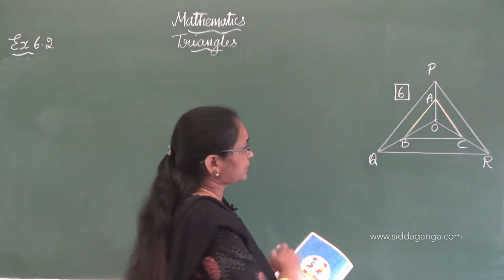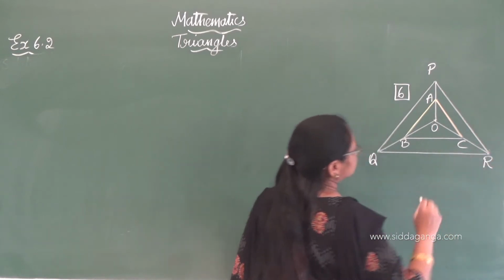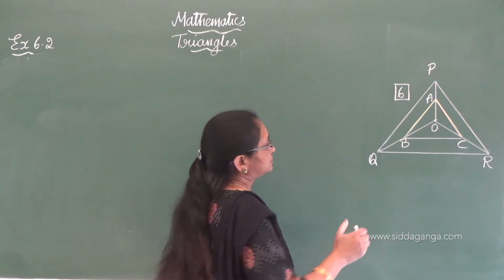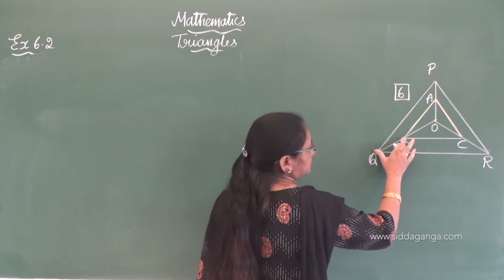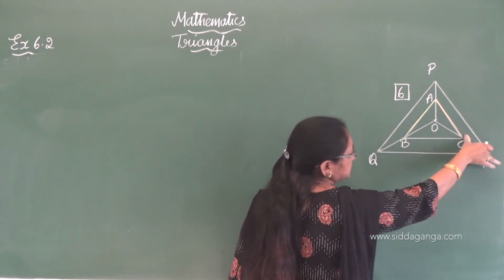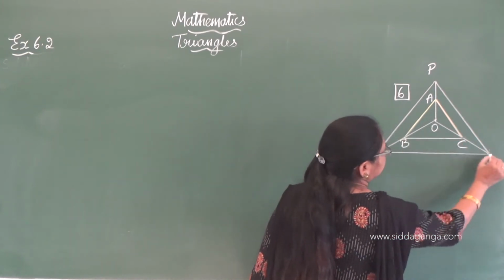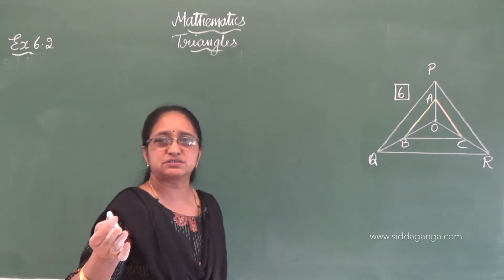Just observe, in triangle OQR, if you prove that OB by BQ is equal to OC by CR, then definitely you can prove that BC is parallel to QR by converse.